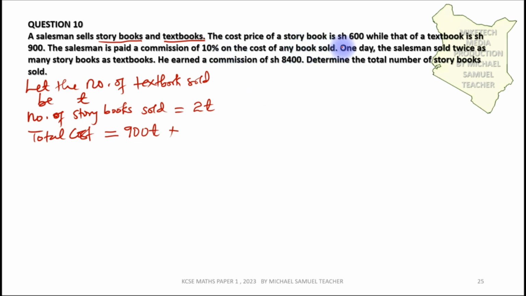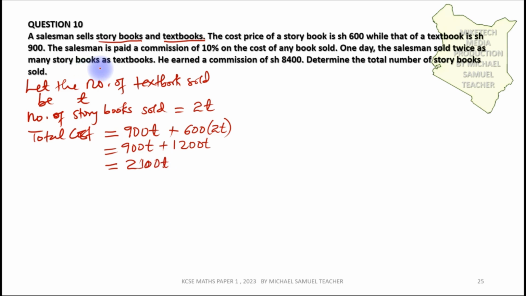One storybook was at 600, so it will be 600 times 2T. So this will be 900T plus 600 times 2T, that is 1200T. So we end up getting 2100T shillings.